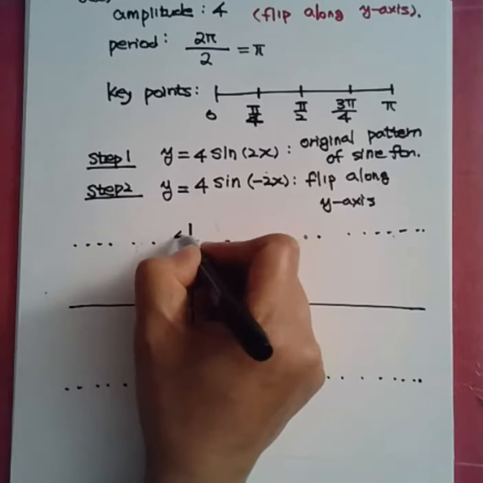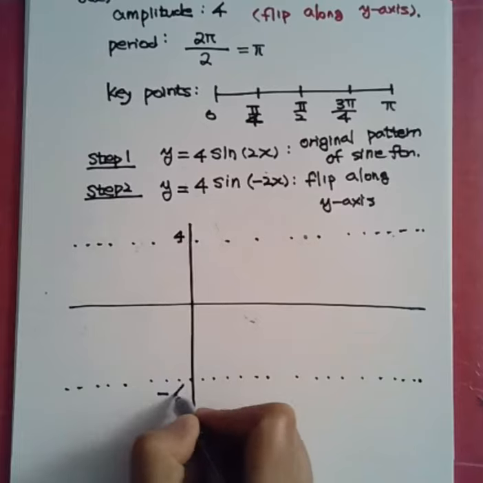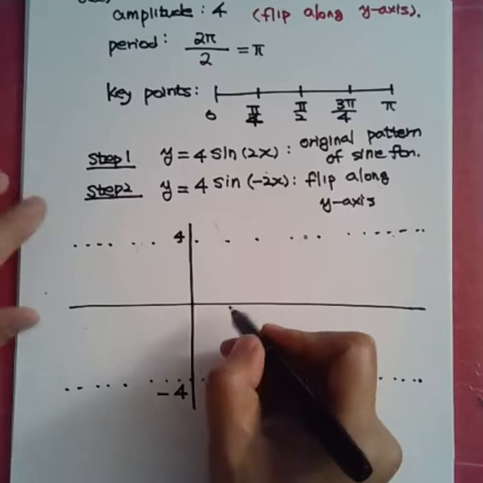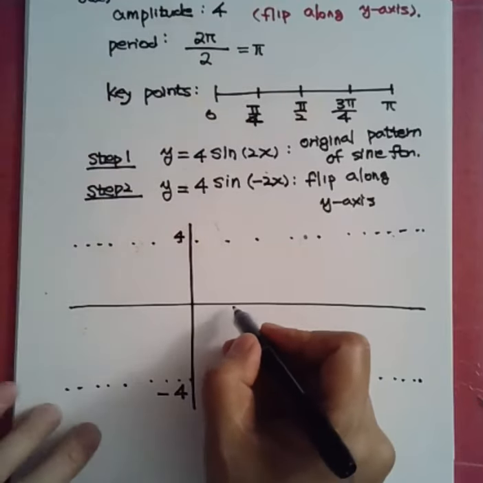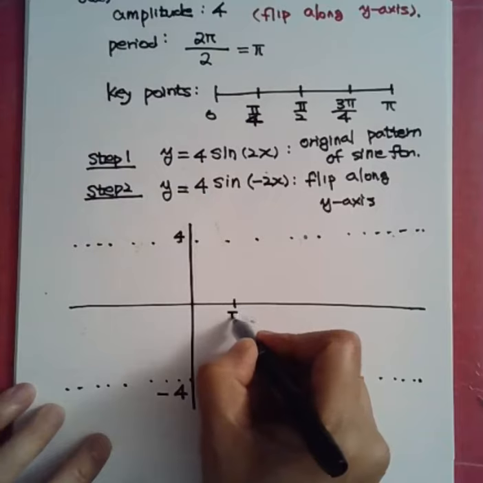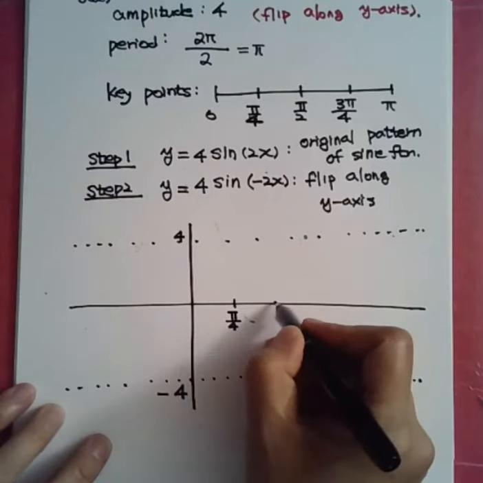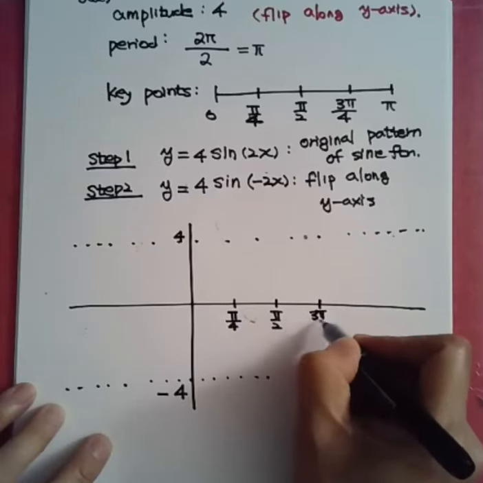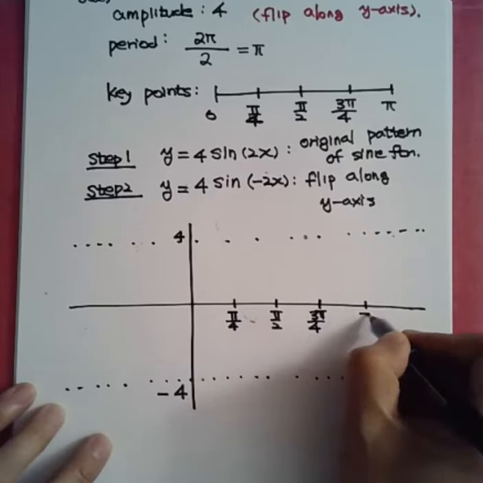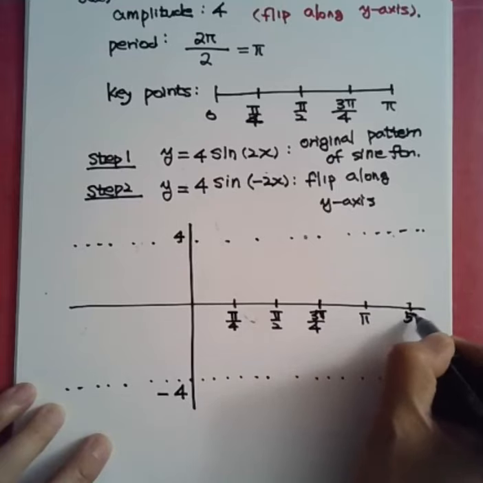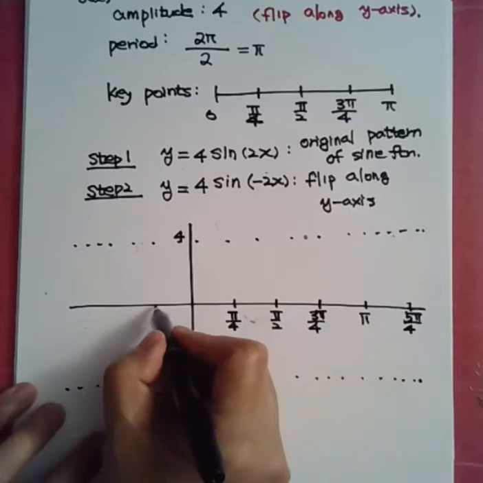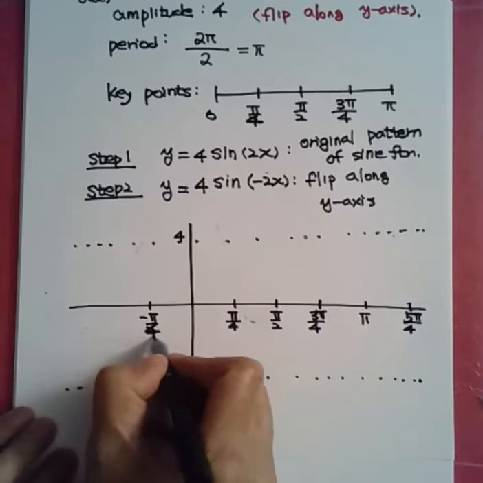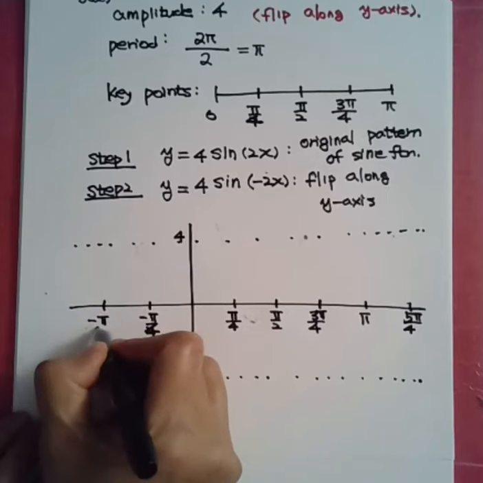The maximum value will be 4 and minimum value is minus 4 because amplitude is 4. Benchmark happens every pi over 4. Pi over 4, pi over 2, 3 pi over 4, and pi, and 5 pi over 4, and on the negative side, minus pi over 4 and minus pi over 2.